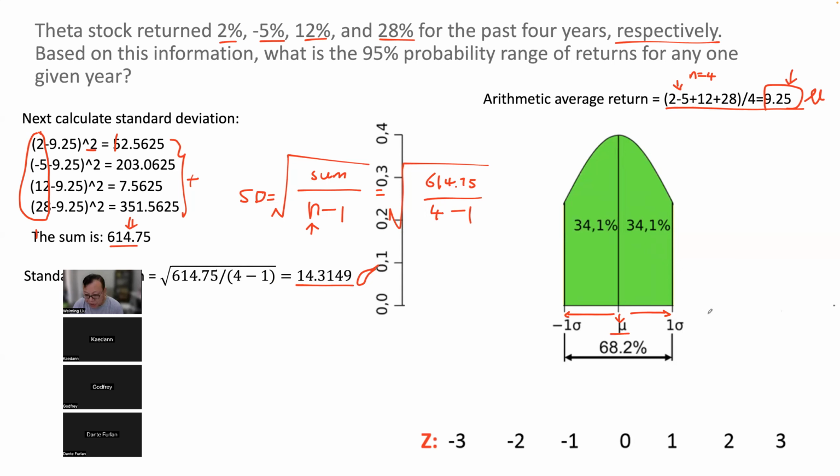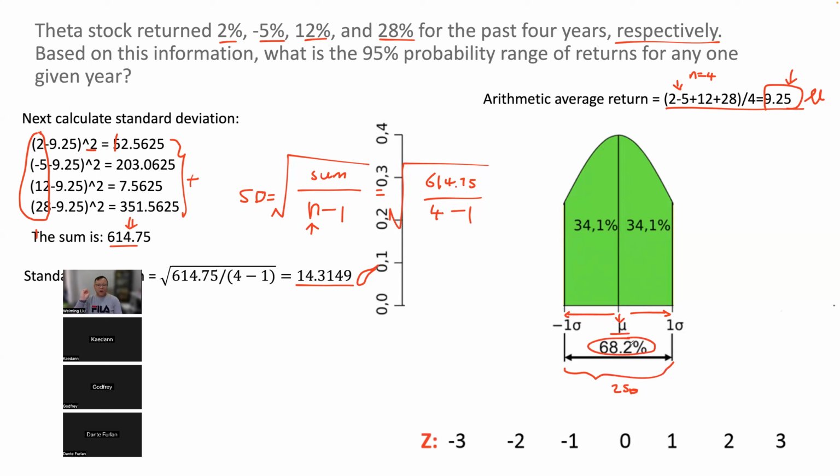Okay, so now I have a range, right? The distance of the range is actually 2 standard deviations, centered at the mu, right? And it's centered on the mean. So with a normal distribution, for any observation falling into this range, the probability is 68.2%.